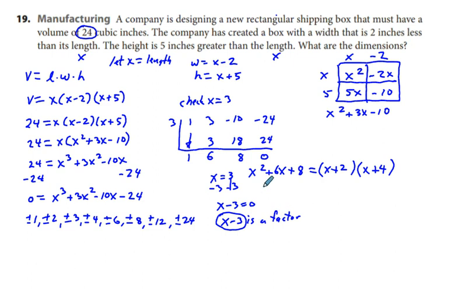Now, what that means is in factored form, this is going to be 0 is equal to x minus 3 times quantity x plus 2 times quantity x plus 4.